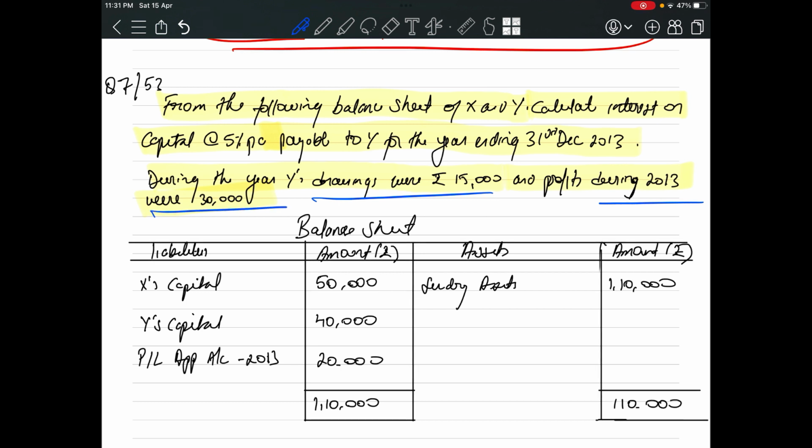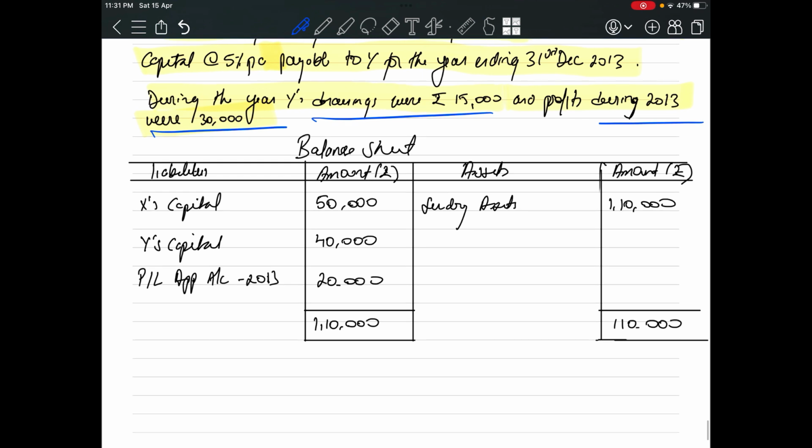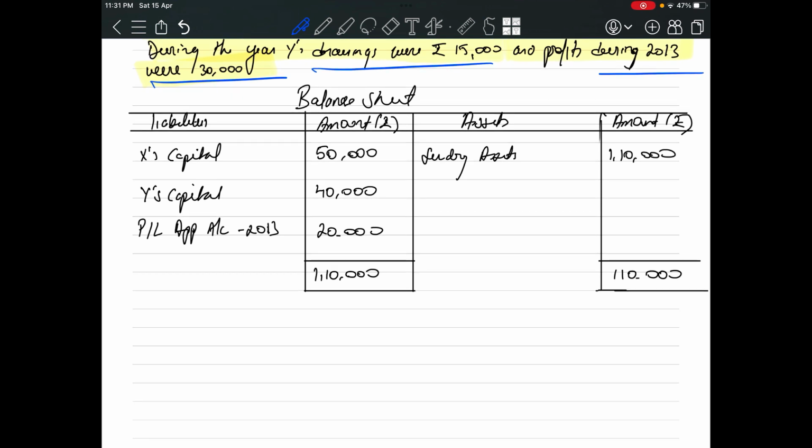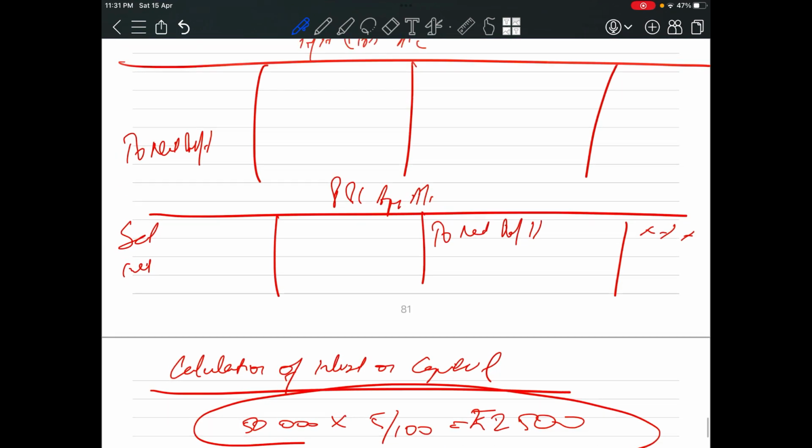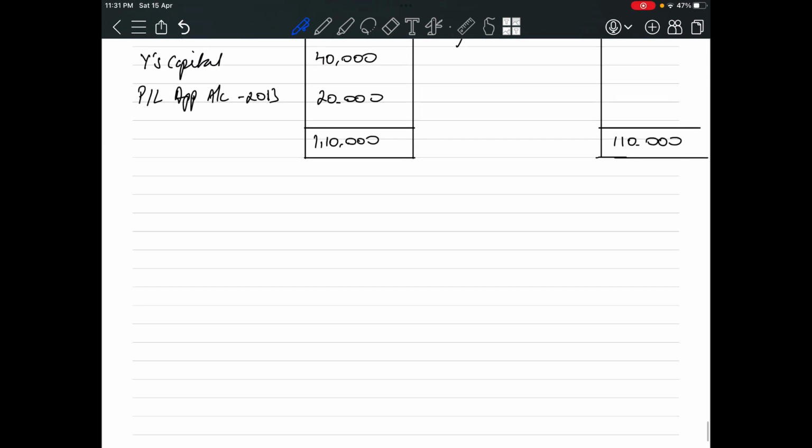Now there is a balance sheet. X capital is given, Y capital is given, P&L account is given, and sundry debtors is given. So now let's solve this question.